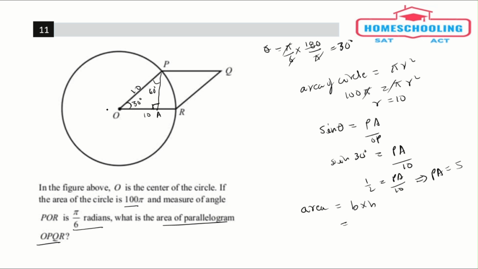So area of parallelogram OPQR is equal to base into height. Base is equal to the radius, that is 10, and the height, this one AP, which we have found, is 5. So your final answer is going to be 50.